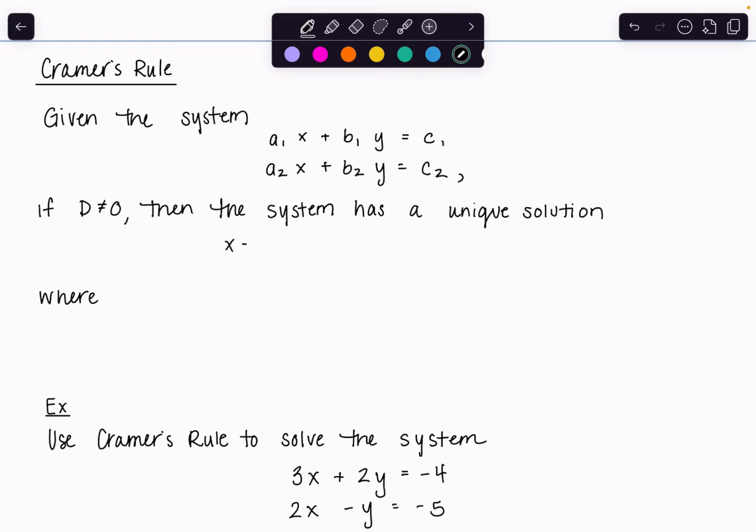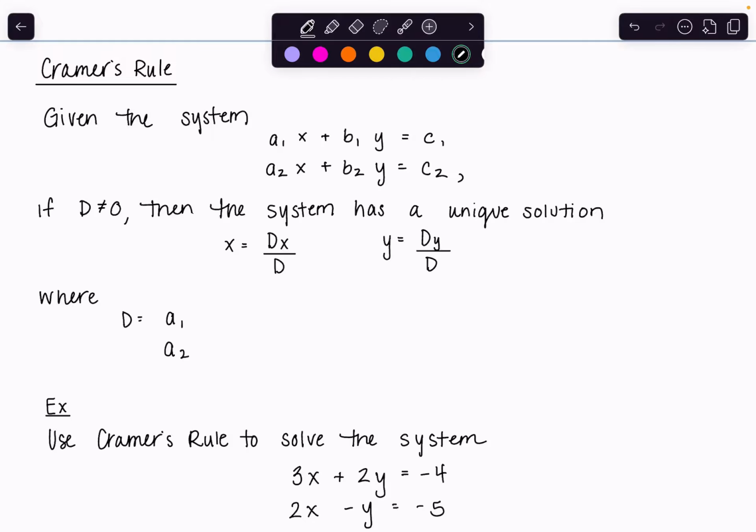I'm going to write what this is first, and then explain how we get that. So x is going to be given by D sub x over the determinant, and y is D sub y over the determinant.